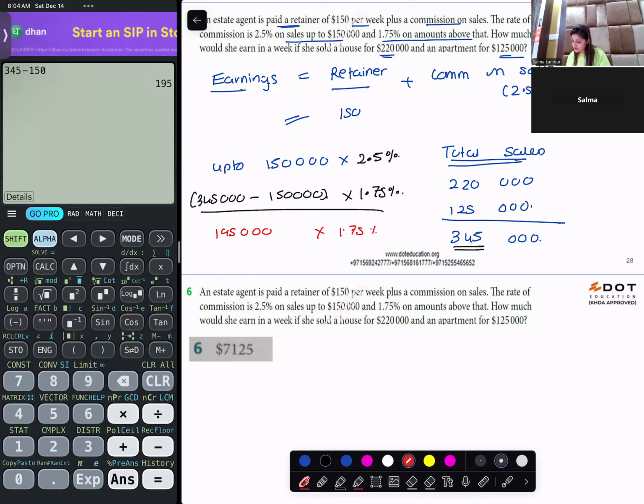So how much has she earned that week? She would get a retainer of 150. On 150,000, she's going to get a commission of 2.5%, so she's going to get 3,750 as the first commission.